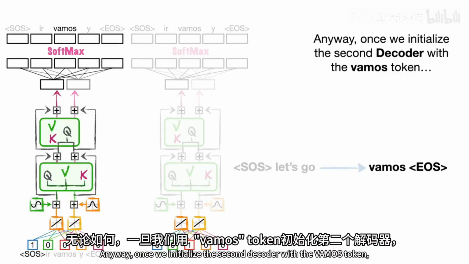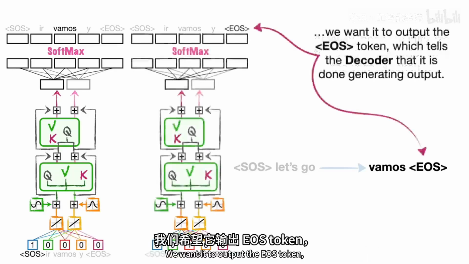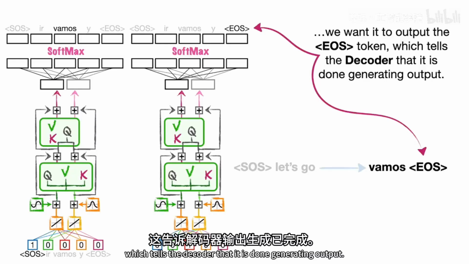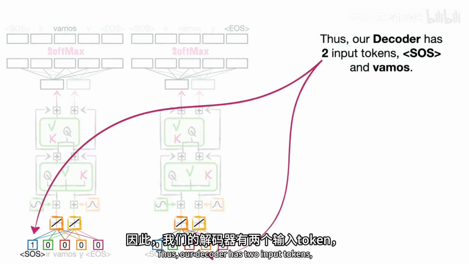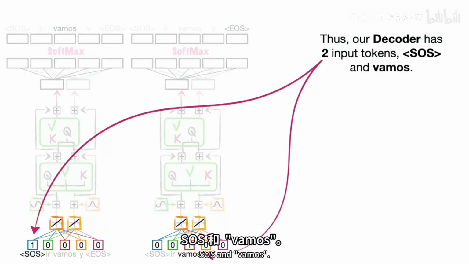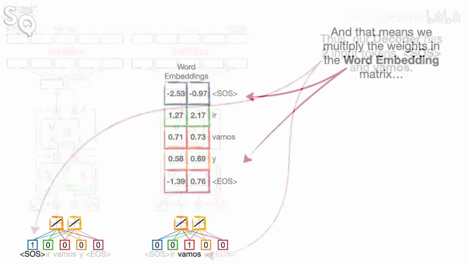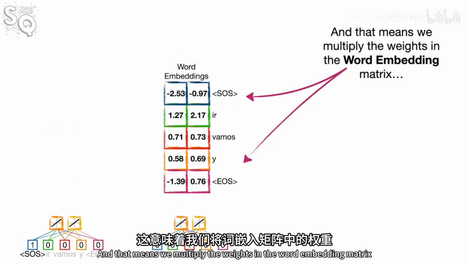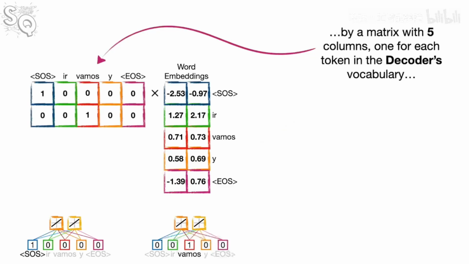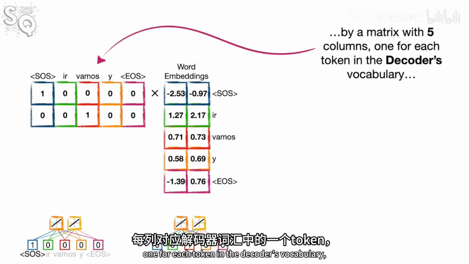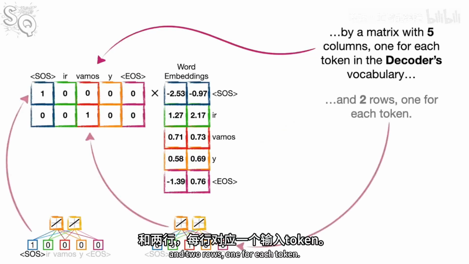Anyway, once we initialize the second decoder with the Vamos token, we want it to output the EOS token, which tells the decoder that it is done generating output. Thus, our decoder has 2 input tokens, SOS and Vamos. And that means we multiply the weights in the word embedding matrix by a matrix with 5 columns, 1 for each token in the decoder's vocabulary, and 2 rows, one for each token.